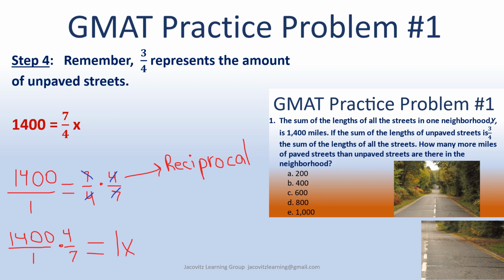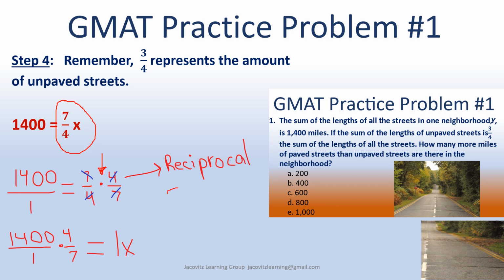Okay, when you go over, remember that 3/4 represents the amount of unpaved streets. So now you have to take this 7/4, and in order to take it to the other side, you have to multiply it by its reciprocal.